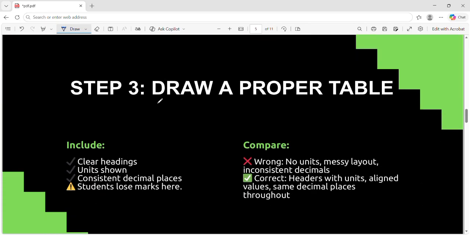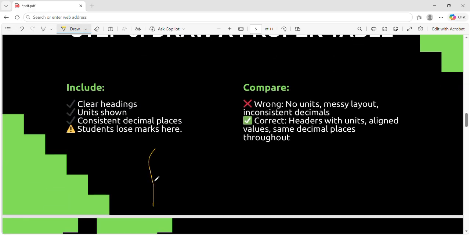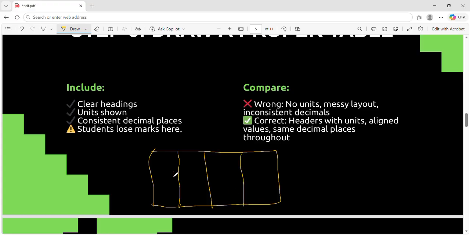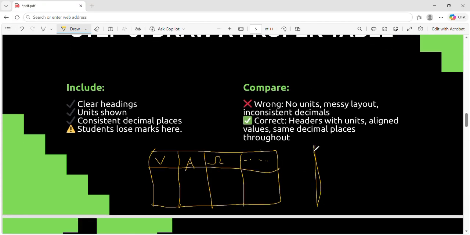Now for the table. Many people, what they do is that, okay, I'll take another color. Example, in the table, you can draw it in any format, but if they're asking you about cooling rate, I'm going to stick to cooling rate because that's what I started with. In cooling rate, you cannot put voltage, ammeter, current, or resistance, stuff that literally does not make sense for cooling rate.